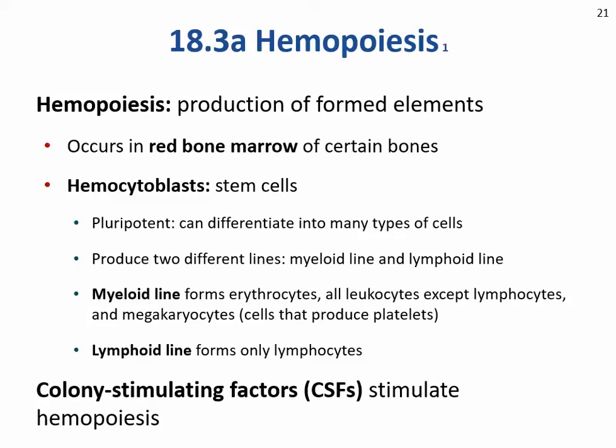Somebody with myeloid leukemia will have problems with making red blood cells, white blood cells, and megakaryocytes. People with lymphoid leukemia have trouble making lymphocytes, which is an immune response thing. So a very close friend of mine just recently died from myeloid leukemia.